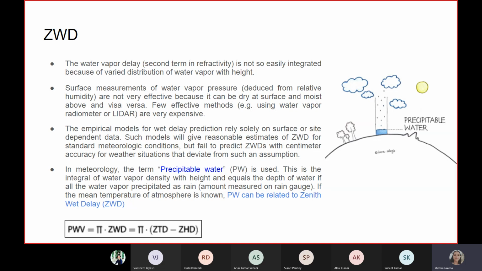So ZTD is equal to ZHD plus ZWD. We cannot model or find this ZWD accurately, so we are using a model to find ZHD. ZTD is already being obtained from the GPS observations, and subtracting these two will yield us the ZWD. ZWD will give us PWV. PWV will tell you the variation of water vapor in the atmosphere where you are living.